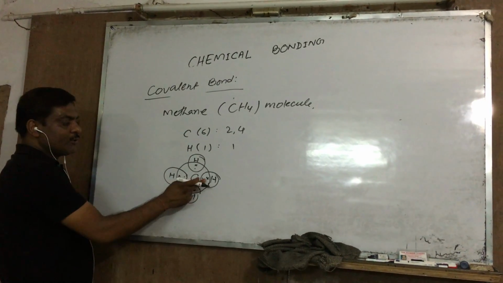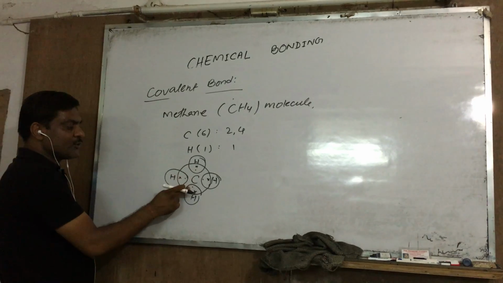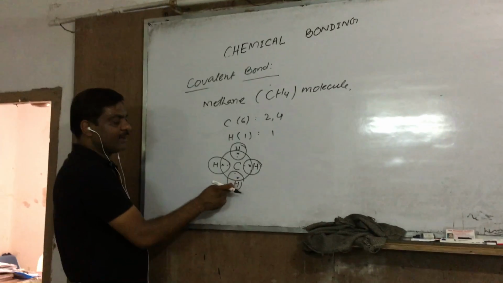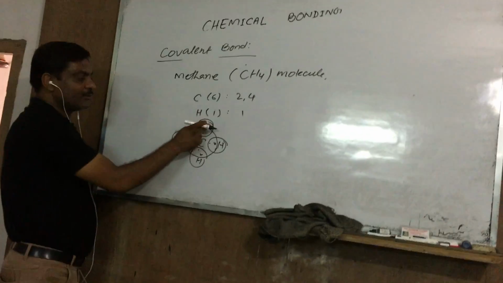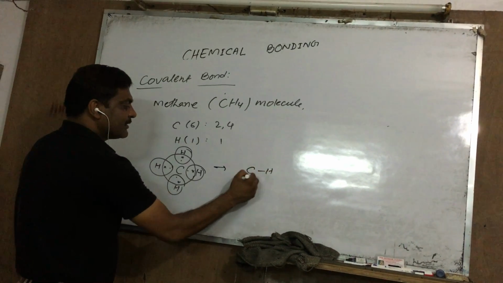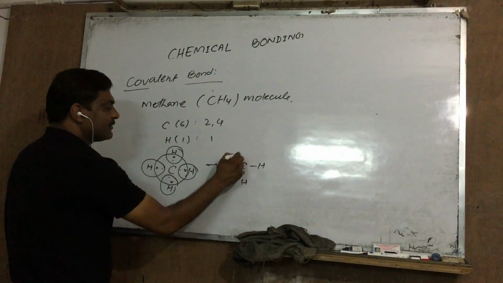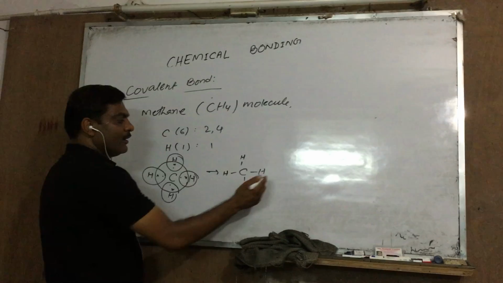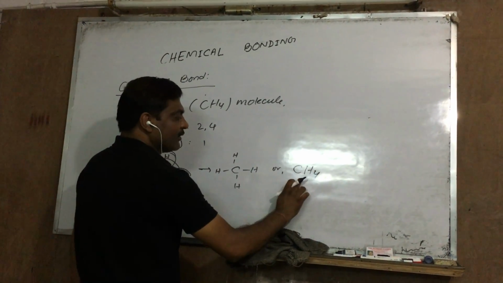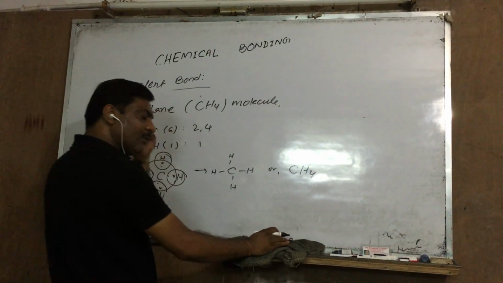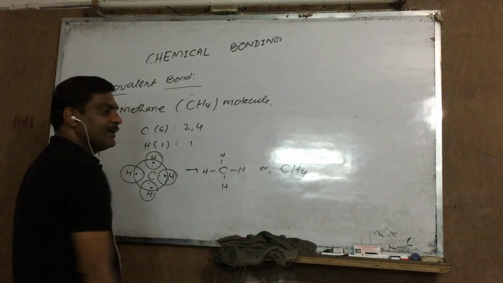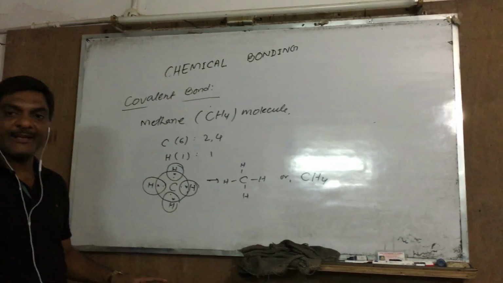Carbon has now 8 electrons in its outermost orbit, and each hydrogen has 2 electrons. So carbon single bond H, single bond H, single bond H, single bond H, or this is CH4 molecule. This molecule is the covalent molecule, and methane CH4 is the covalent compound. Agreed?